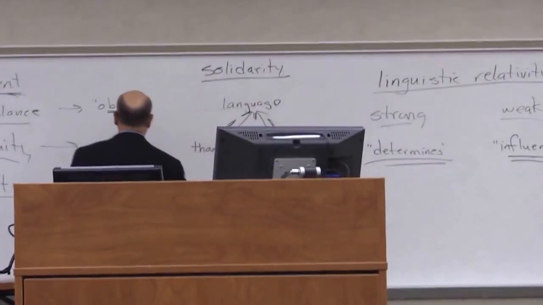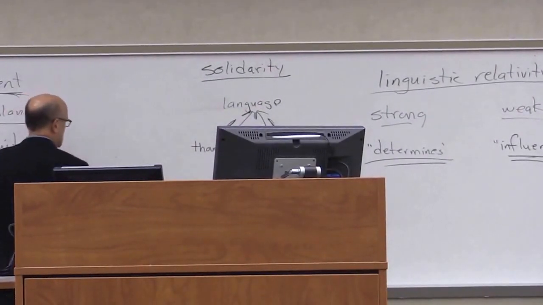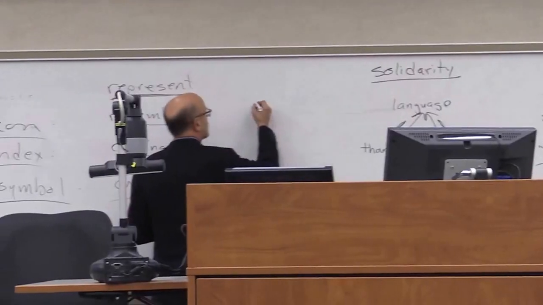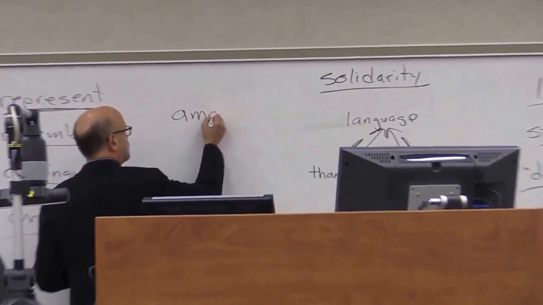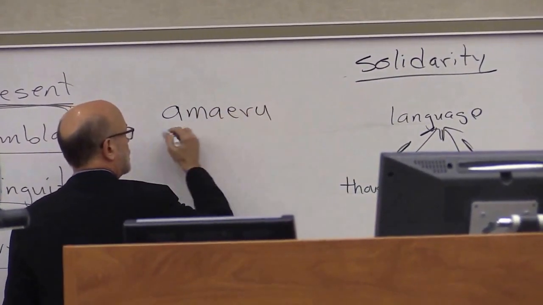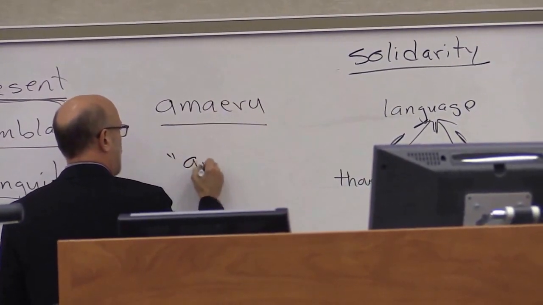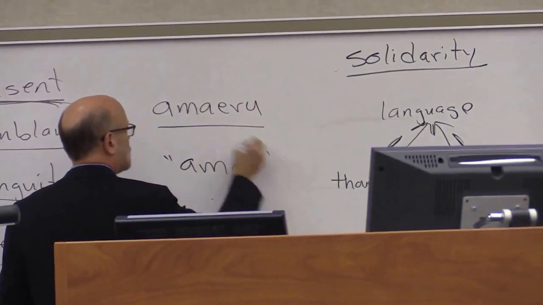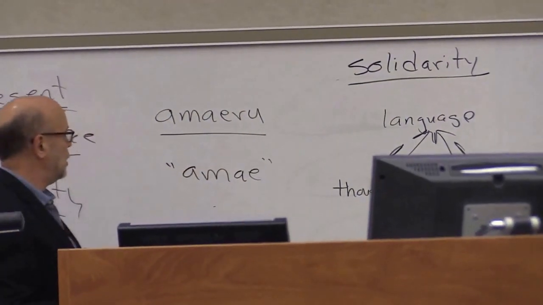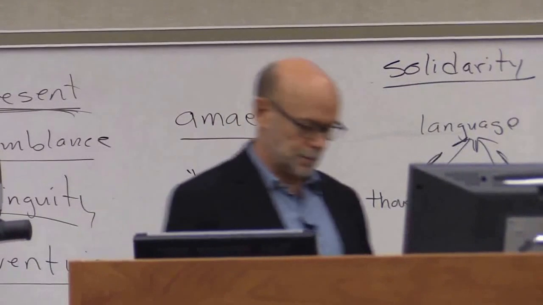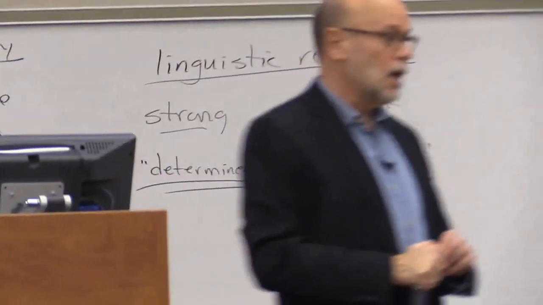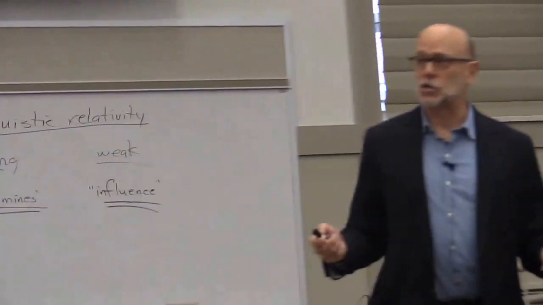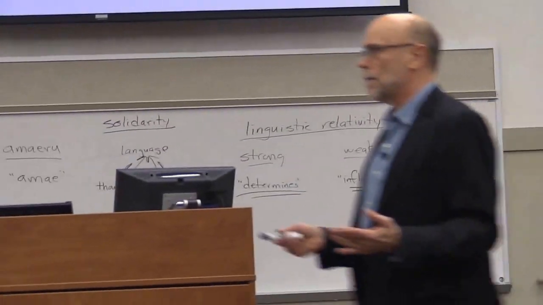This is distinctively Japanese, and there's an example of a Chinese term at the end of the chapter, but we'll use this one. Amai. It's a verb, to amai. This is a Japanese term, and there's no adequate English translation for it.